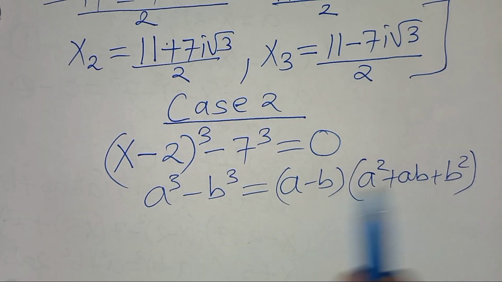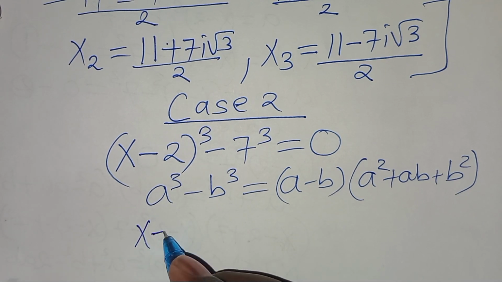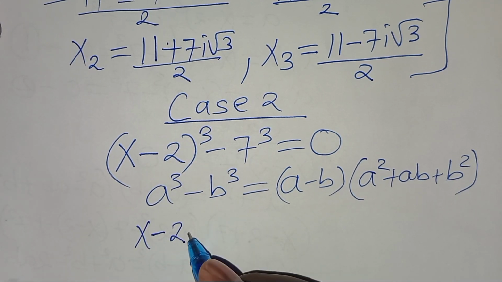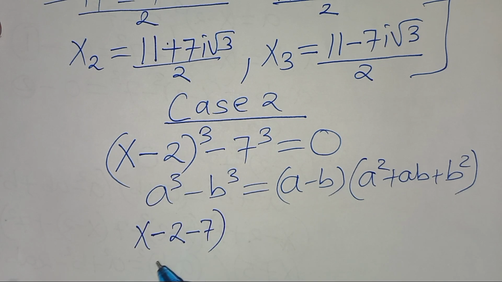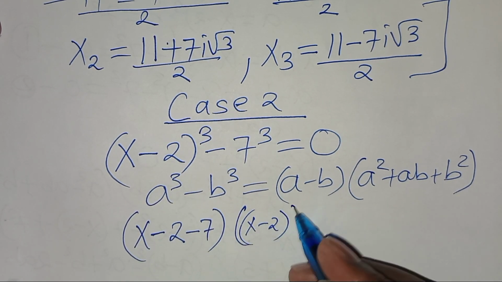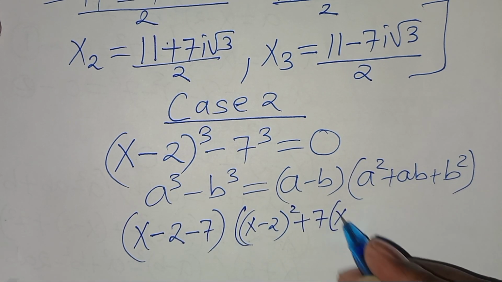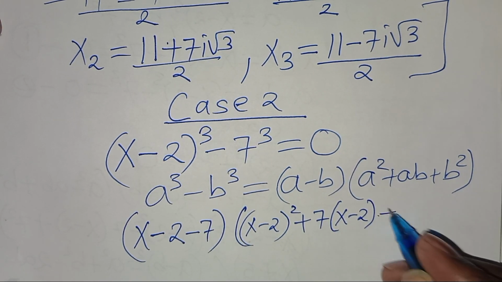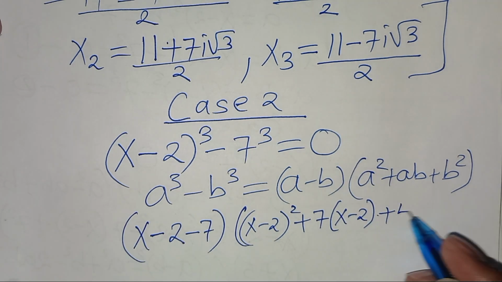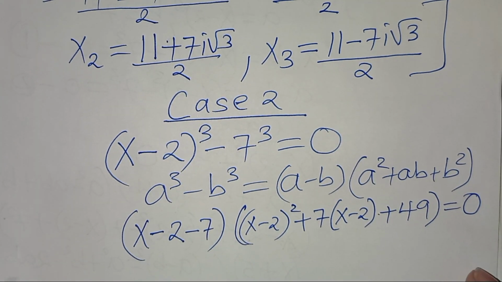Now let's apply this identity so that now we have x subtract 2, okay, subtract 7, and here we have x minus 2 squared, okay, plus we'll have 7 times x minus 2, then plus 7 squared, which is actually equal to 49. This is equal to 0.